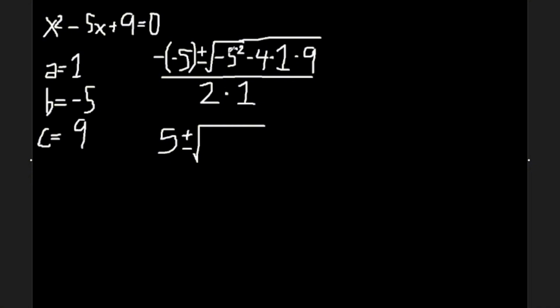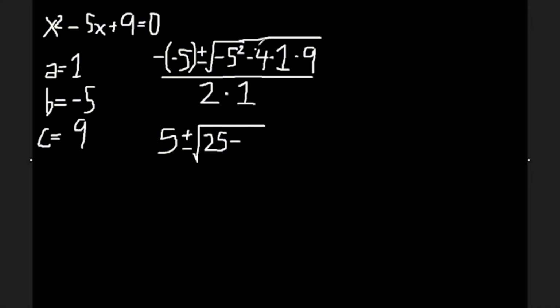If you are multiplying numbers with the same signs, the product will be positive. So it's just like solving 5 and 5. 5 multiplied by itself is 25 minus 4 times 1 times 9. If you multiply by 1, it's just going to be the same number.